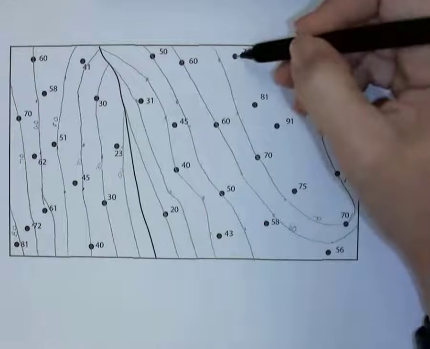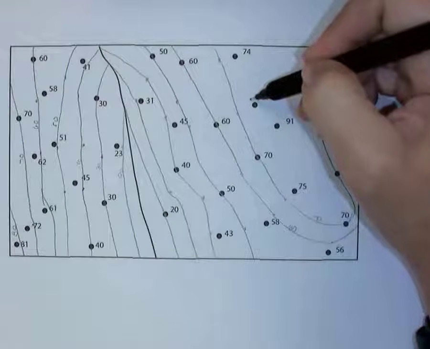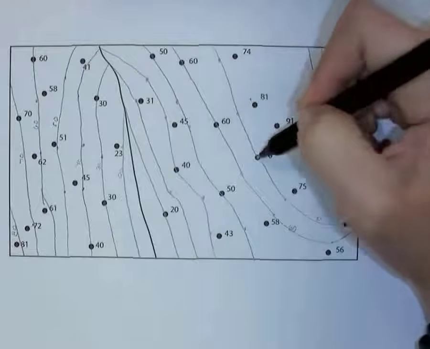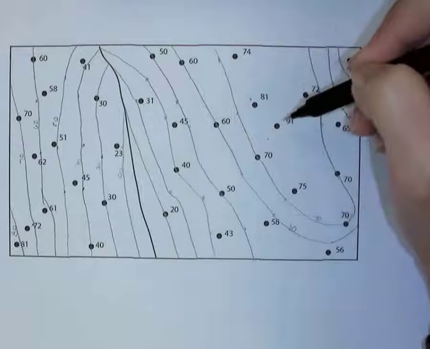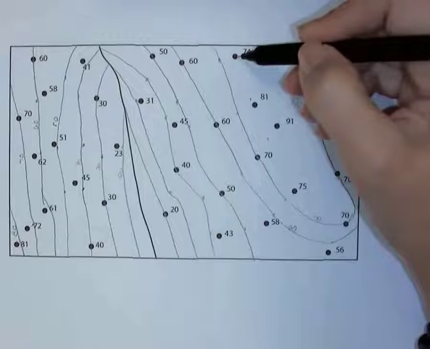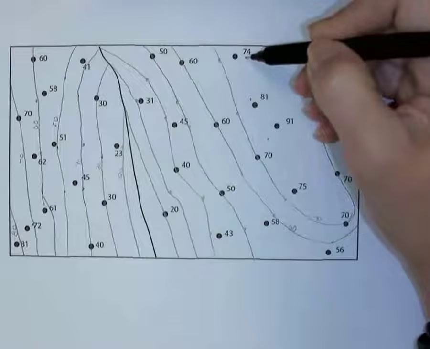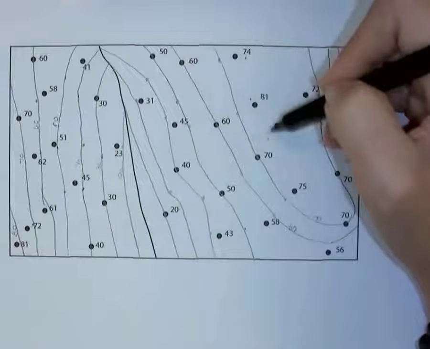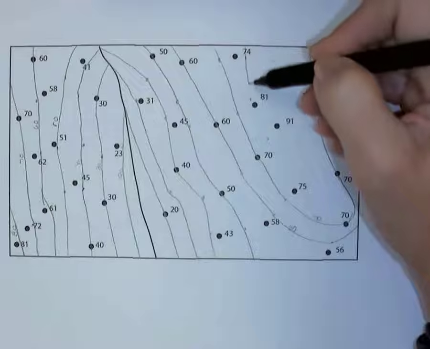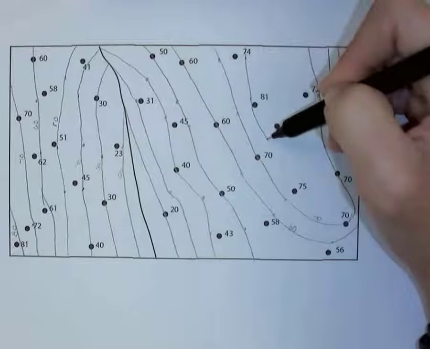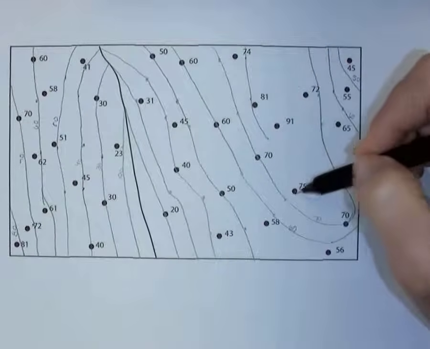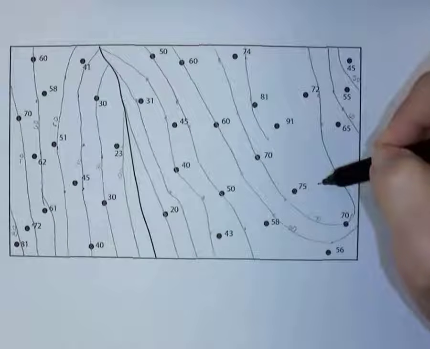So between 74 and 81, it would be right around there. Between 91 and 70, it would be about here. And it would be on the right side of the 74. We don't know exactly where, so I'm just going to pick a spot that falls in line with these other points. And I'm going to come in something like this and say, okay, between 75 and 70, we wouldn't have an 80 there.